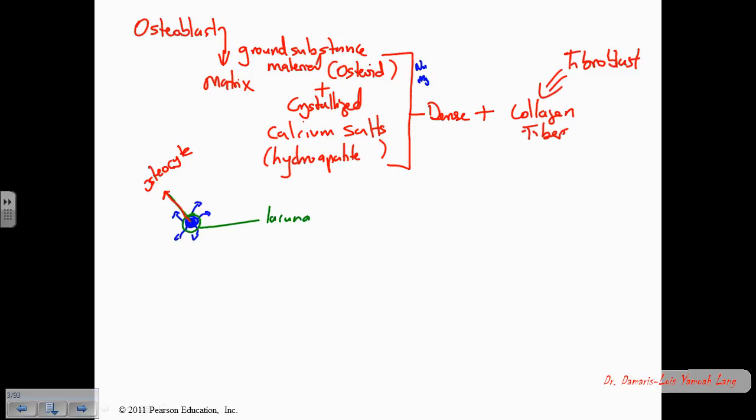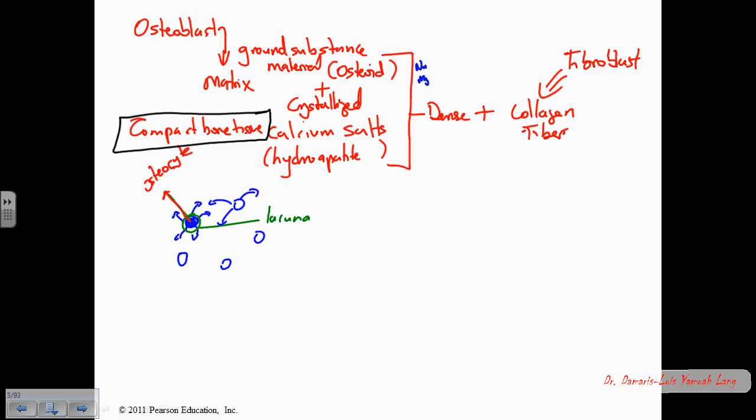And in compact bone, let's look at compact bone tissue. In compact bone tissue, this is what is happening. The osteoblasts arrange themselves in a circular way as they pour down their osteoid material.